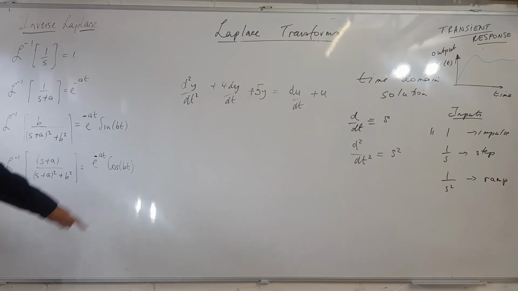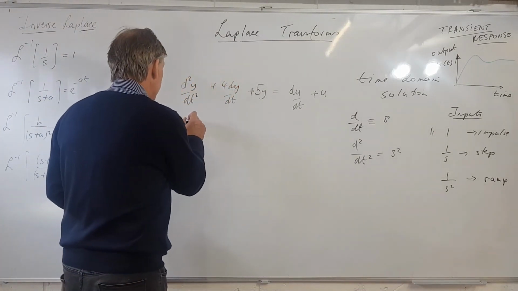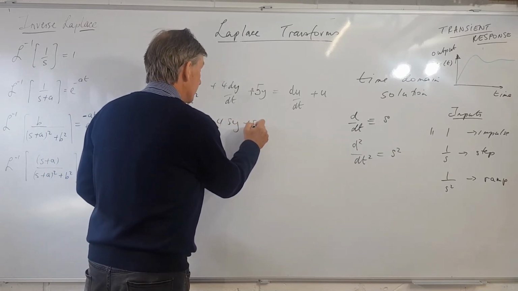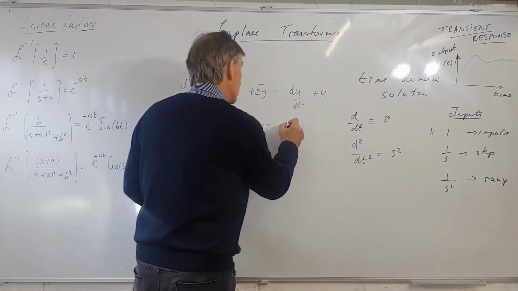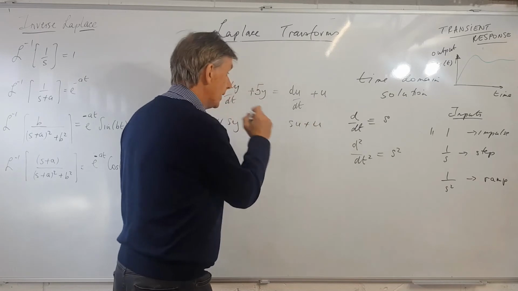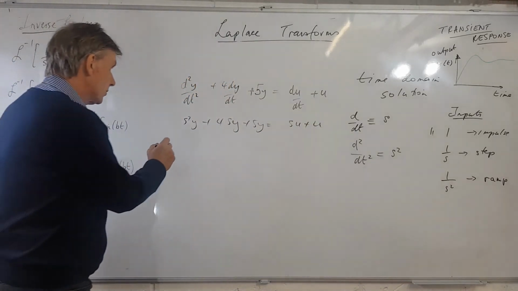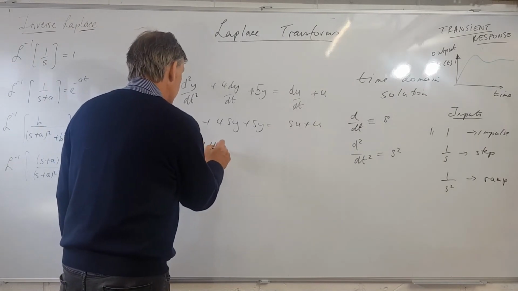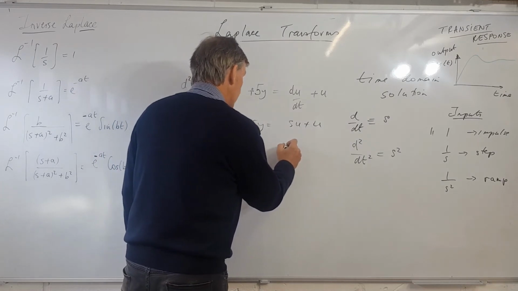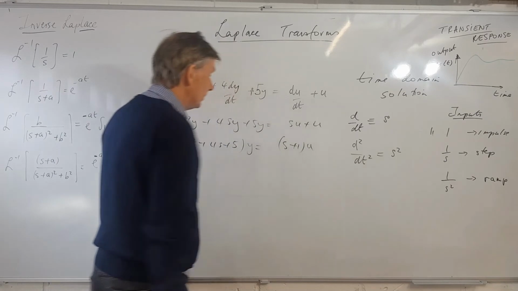So let's have a go at this. So d2y by dt squared will be s squared, so we get s squared times y plus 4sy plus 5y is su plus u. So we can then take out the y's and the u's, so we get s squared plus 4s plus 5 times y equals s plus 1 times u.